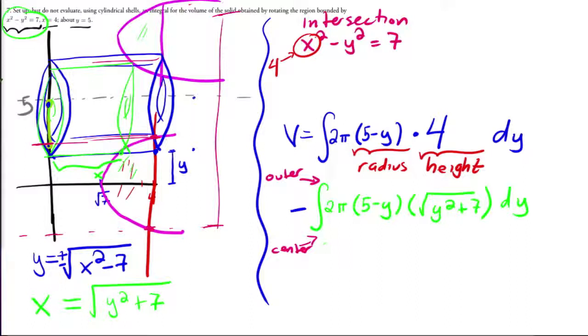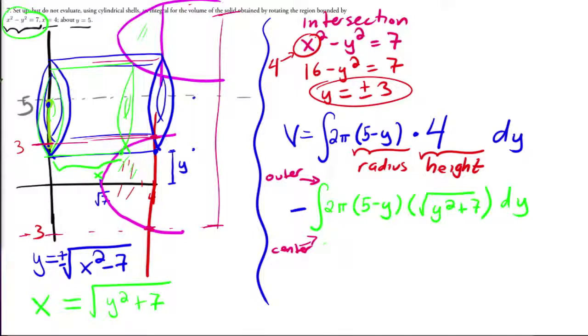Well, that's easy. We get 16 minus y squared equals 7. So then y is equal to plus or minus 3. And so these are the intersection points.